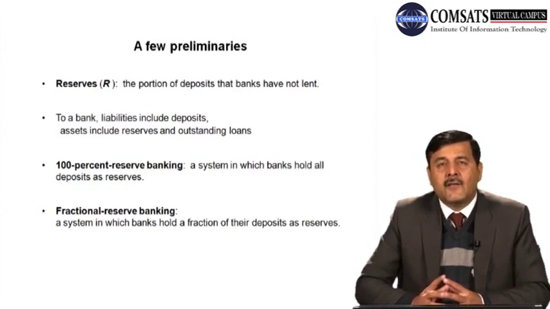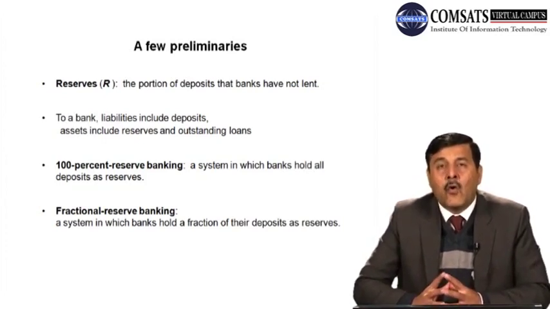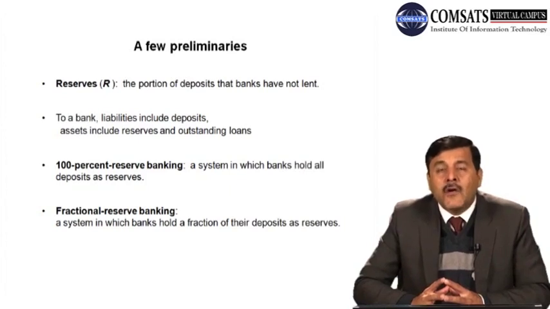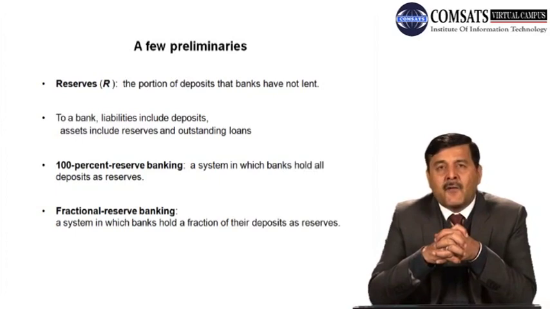The other sort of banking is fractional reserve banking. It is a system in which banks hold a fraction of the deposits as a reserve and extend the remaining deposits to the customers as loans, right? So we can differentiate the two systems of banking.